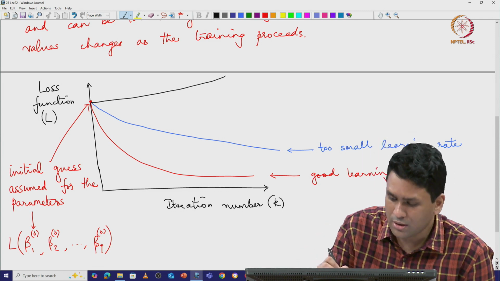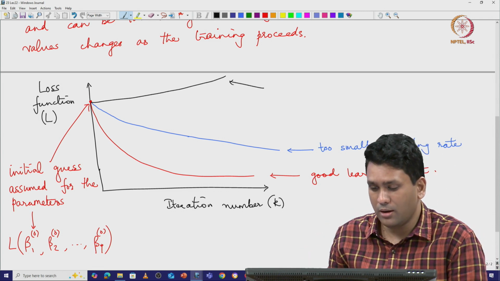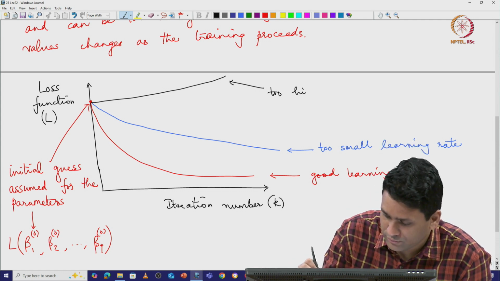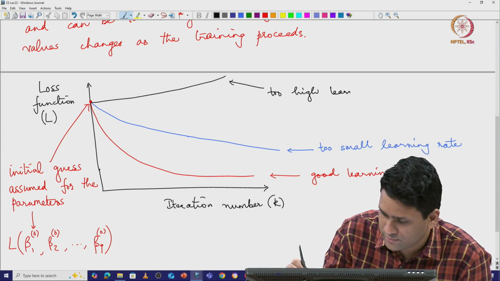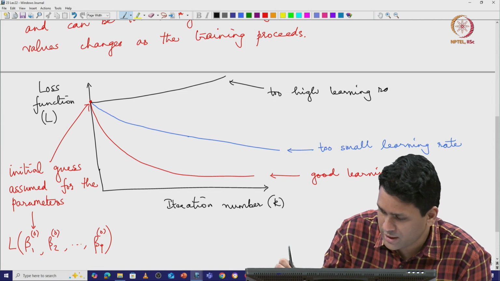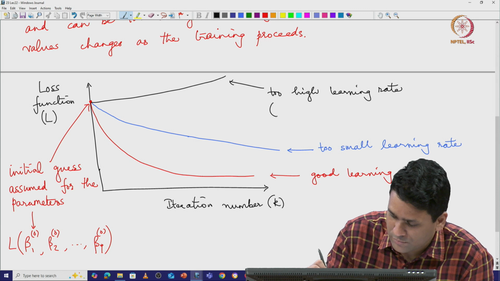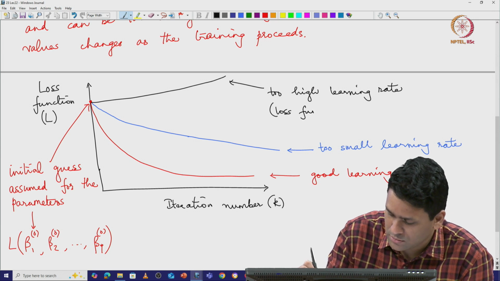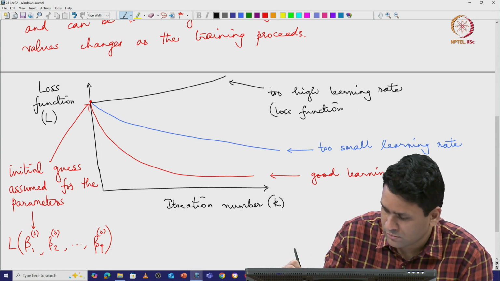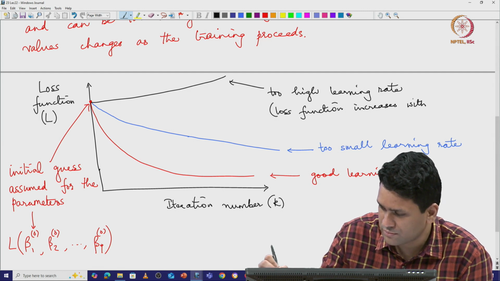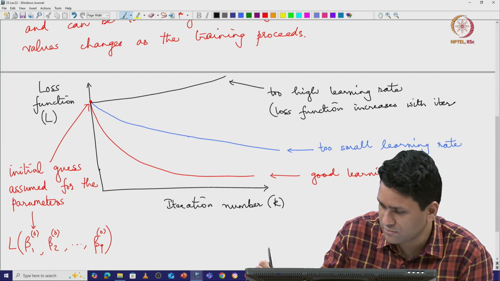So here the learning rate is too high. So this is the case of a too high learning rate, and essentially the loss function increases with iterations due to some instability.